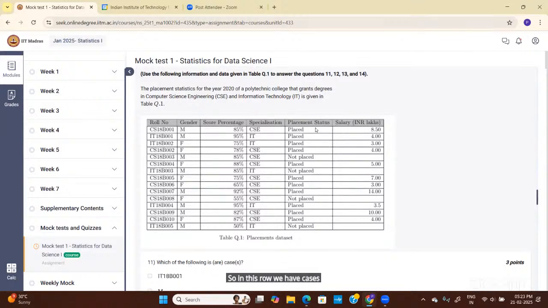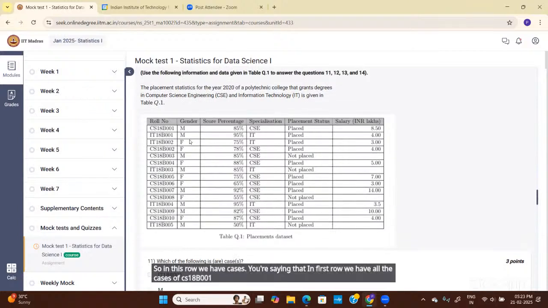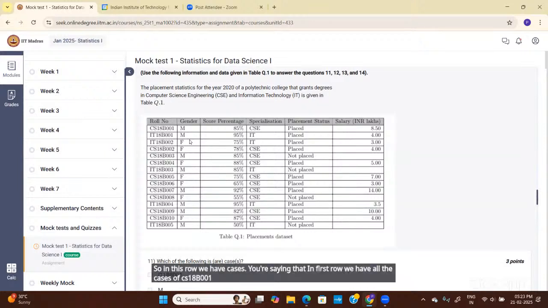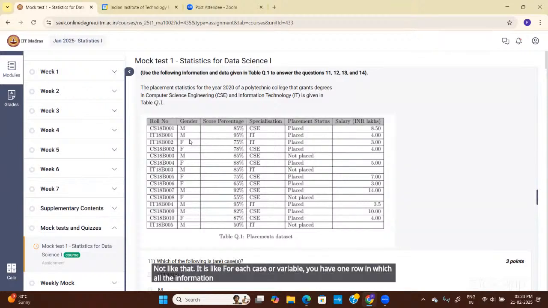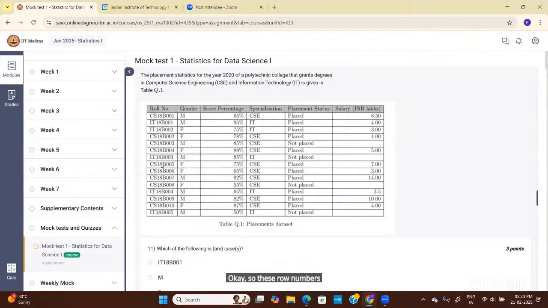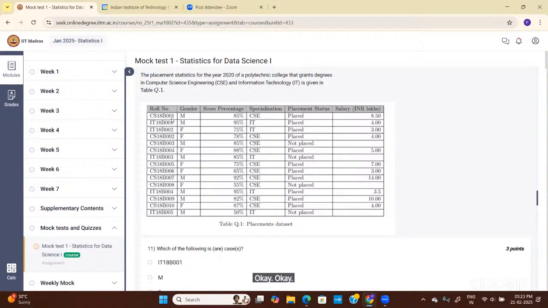You are saying that in the first row we have all the cases of CS18B001? Not like that. For each case, you have one row in which all the information is collected. These roll numbers are different persons, different students. The first case is this roll number.